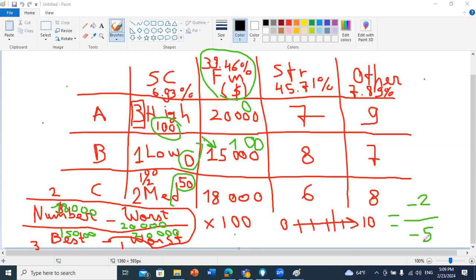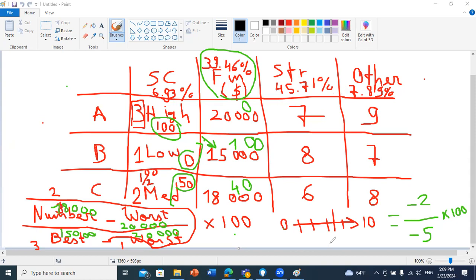So it's 2 over 5 times 100, it's 40. So the grade is 40 for this option, or option C. Okay, now we move to normalize scores for strategic. So here the scores are already based on a scale.